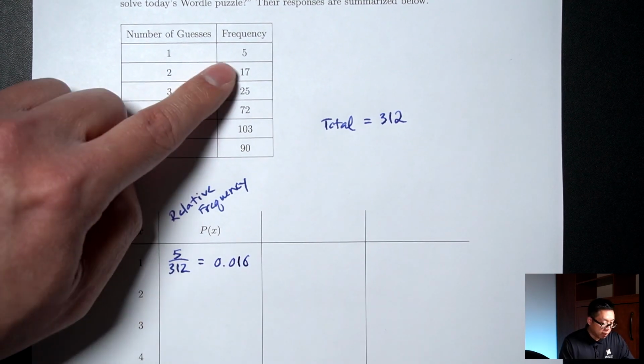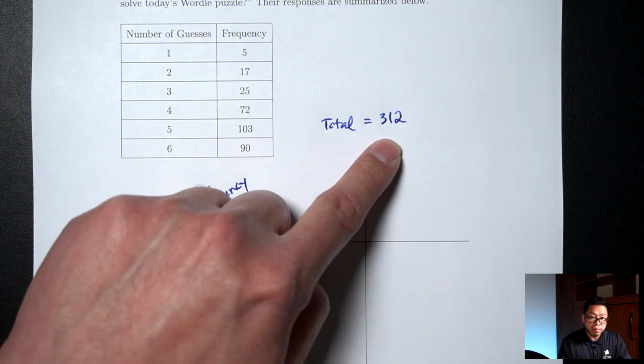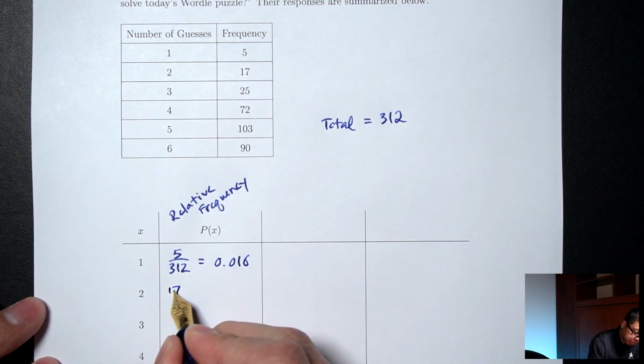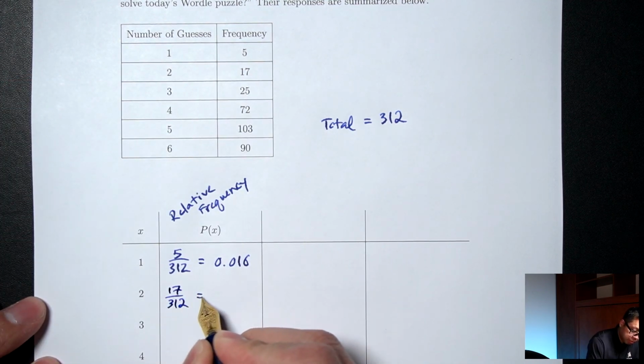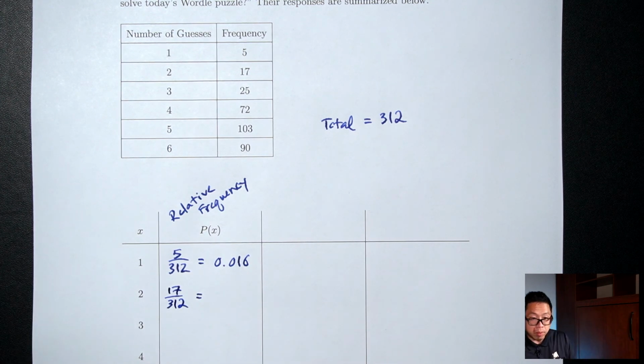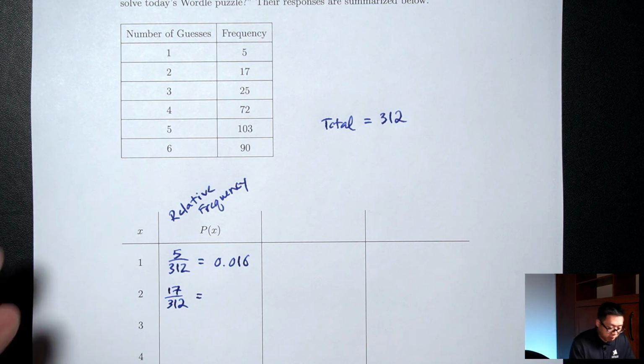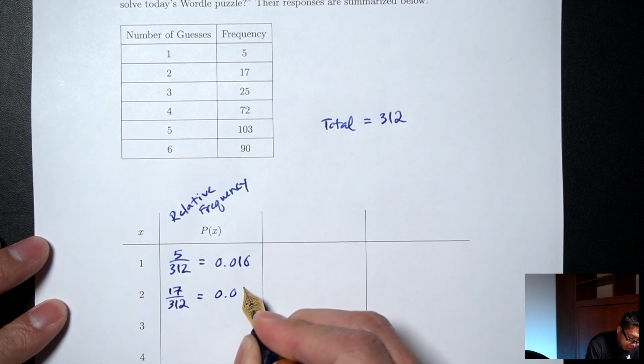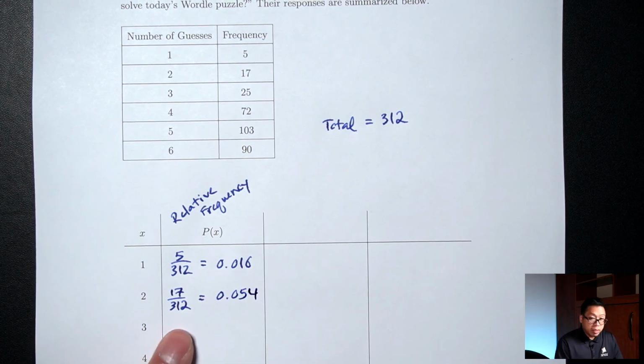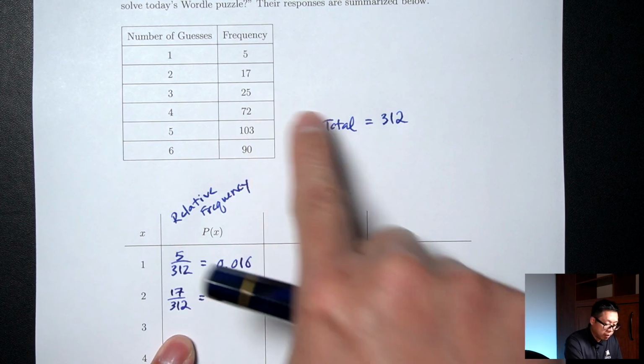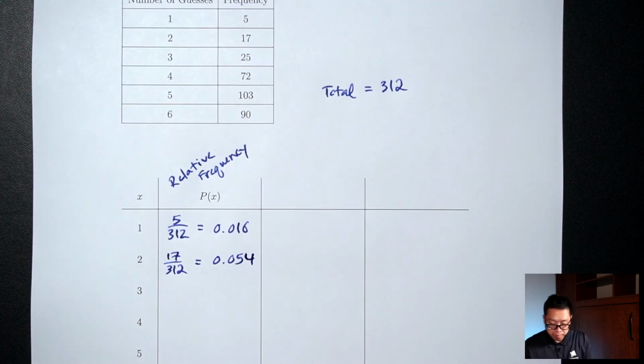Next up will be 17 divided by 312, 0.054. Next up would be 25 divided by 312, 0.080.